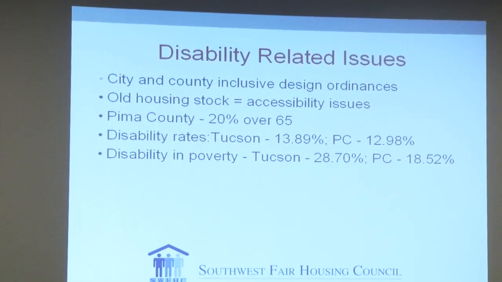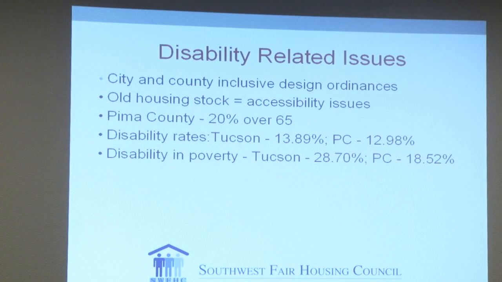These ordinances are some of the most progressive in the country, and Tucson and Pima County are one of only a handful of jurisdictions that have something like this. Essentially, new construction in the city and county has to meet accessibility guidelines that are above and beyond what's required. So I think that's worth highlighting, and we did in this AI.